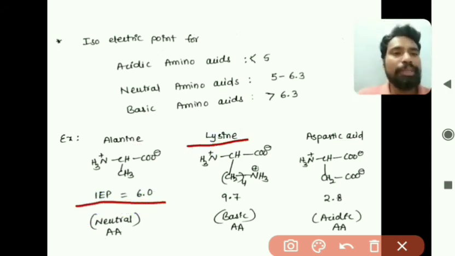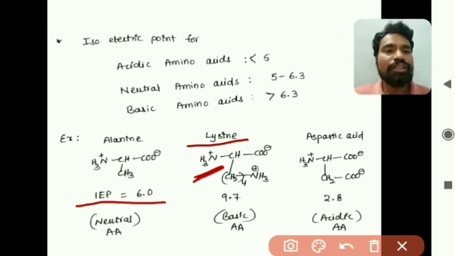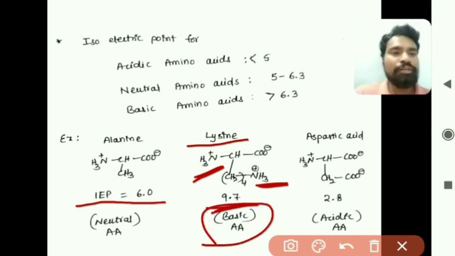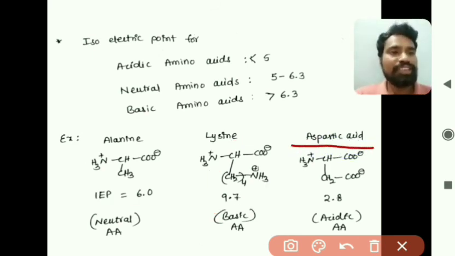Lysine is a basic amino acid because it is containing two basic groups. So one additional amine group is present, which is existing as NH3 plus, and its isoelectric point is 9.7. So as it is a basic amino acid, the isoelectric point would be more than 6.3, that is nothing but 9.7 here.